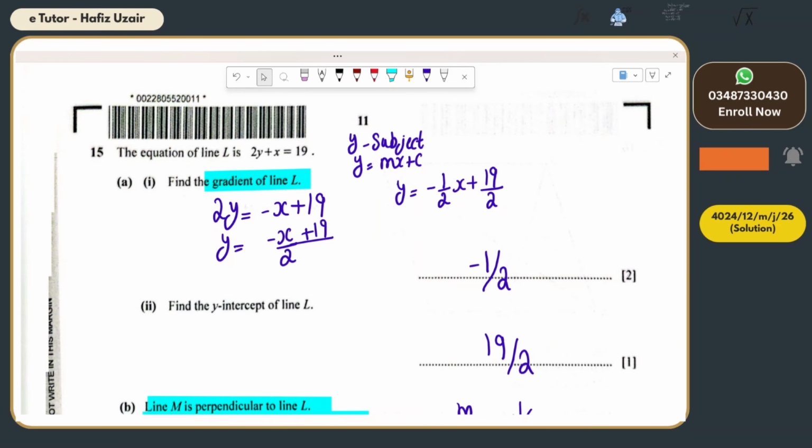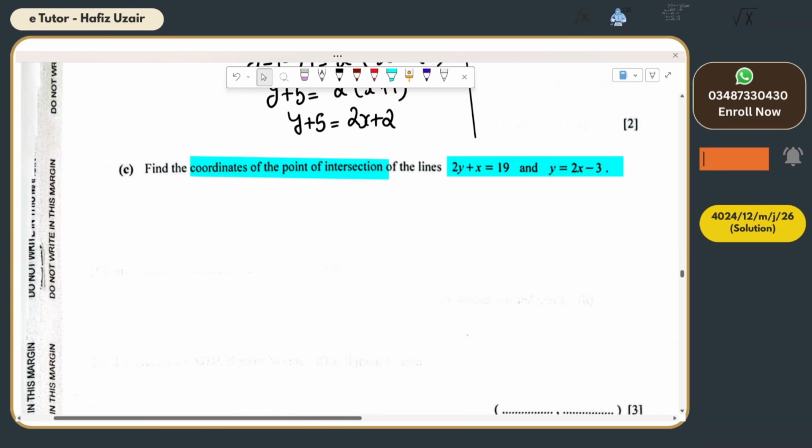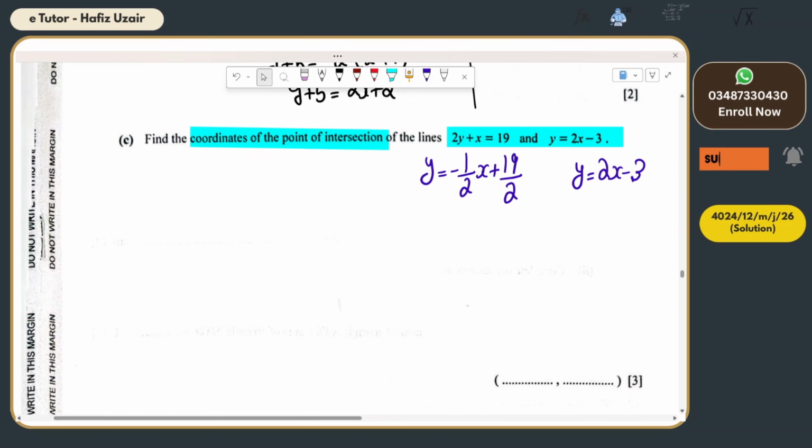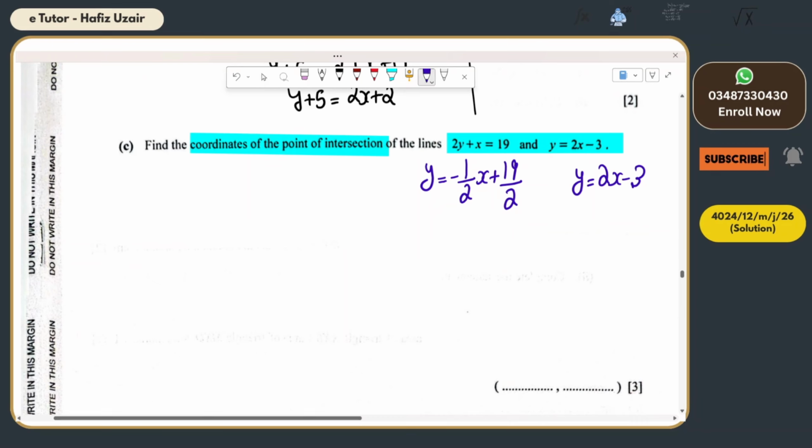And y equals 2x minus 3. Now the left sides of these equations are the same, so the right sides must be the same as well. So 2x minus 3 will be equal to minus 1 over 2 x plus 19 over 2.